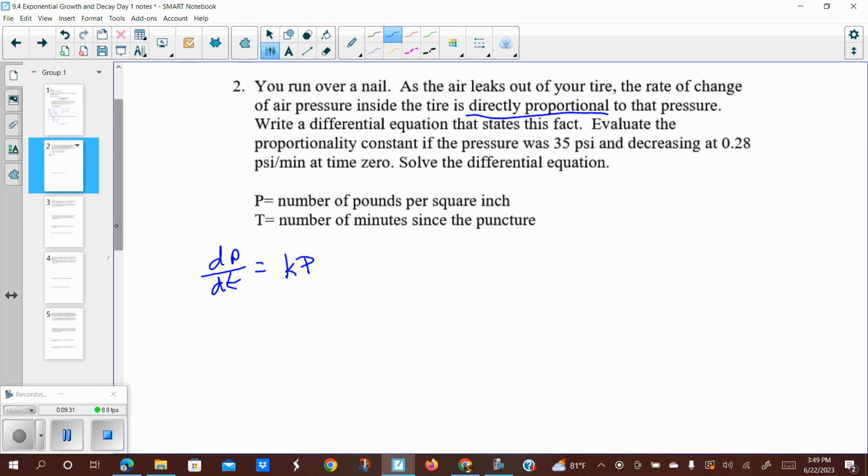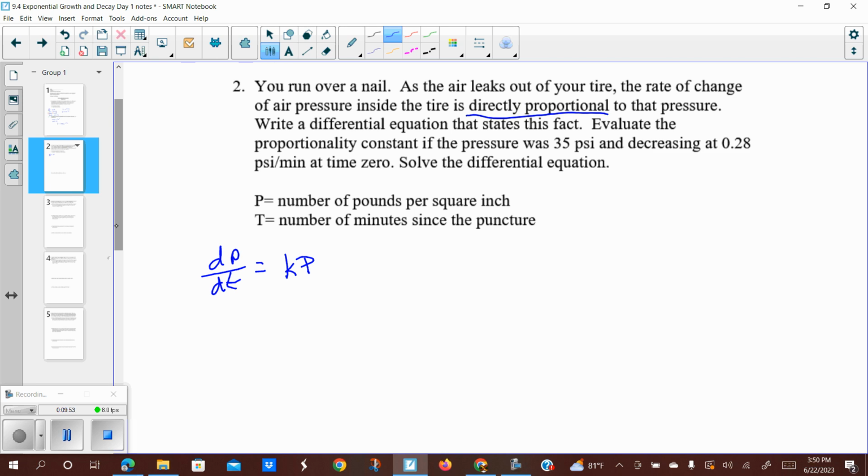We are given some information that's going to help us to find K. We need to find that proportionality constant. They tell us that the air pressure is changing at 0.28 psi per minute. That's a rate of change, that's your dP over dt.